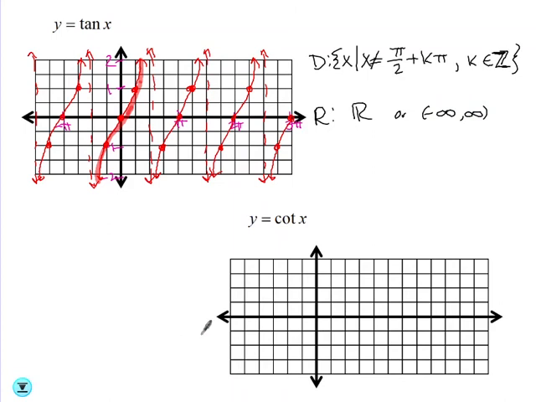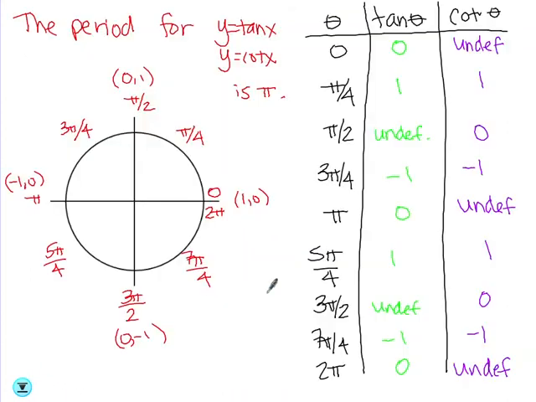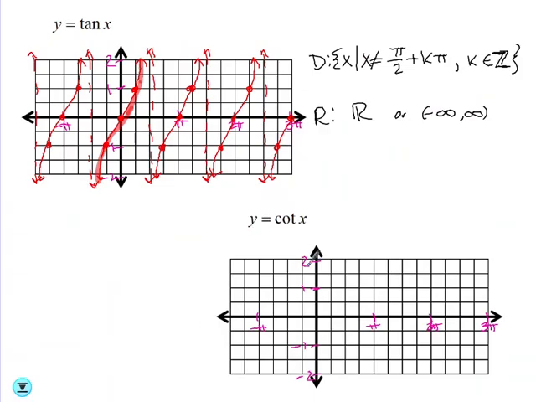Now let's do the same thing for the cotangent function. We're going to label our axes the same way we've been labeling them. And then we're going to use this table that we created to graph the function. Remember that undefined values are vertical asymptotes. So here we have a vertical asymptote at 0.